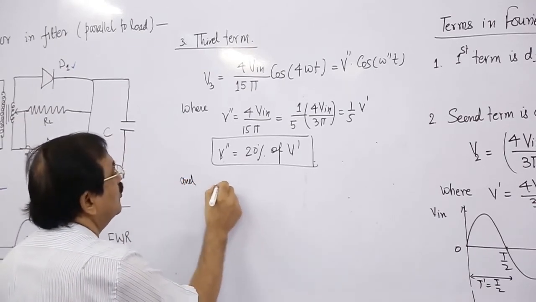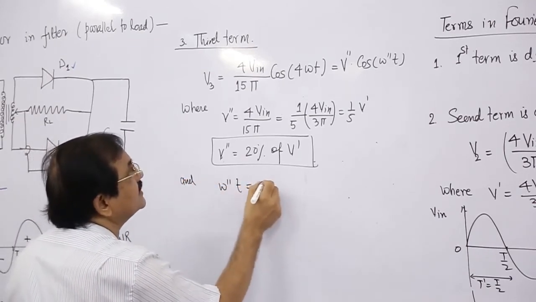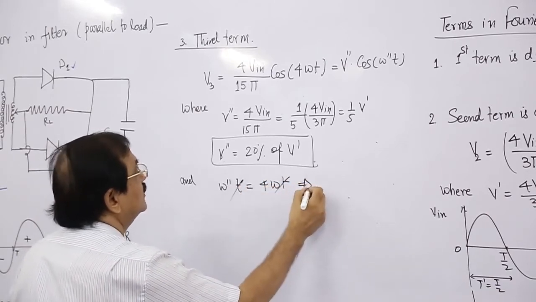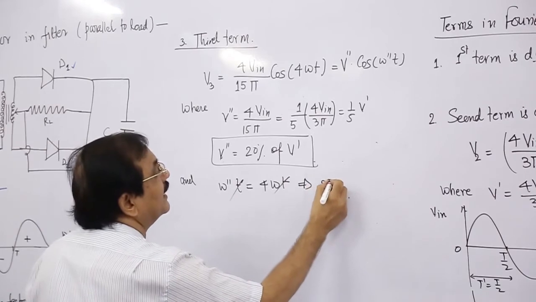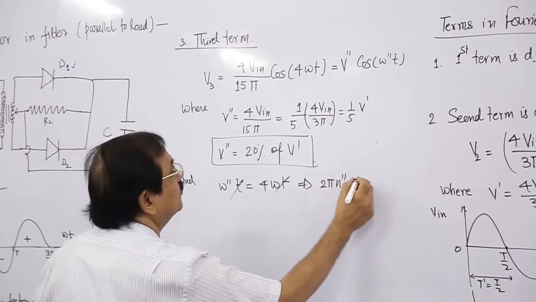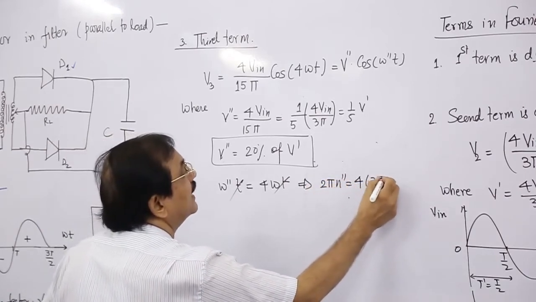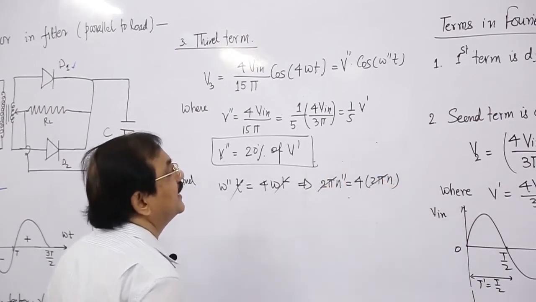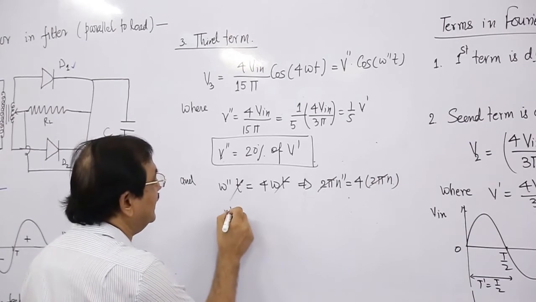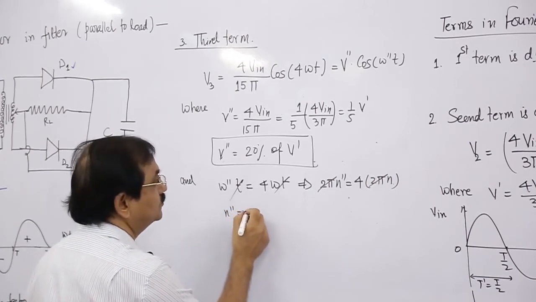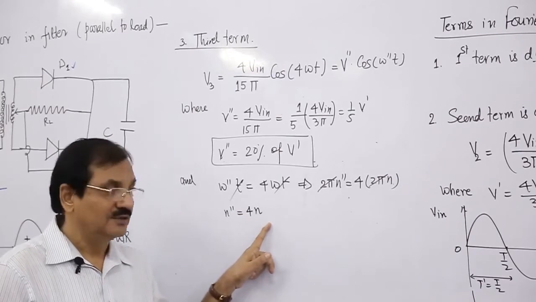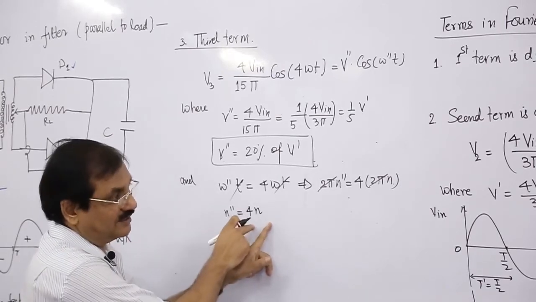And omega double dash t is equal to 4 omega t, this t cancels. So, this is 2 pi n double dash is equal to 4 times 2 pi n. So, what we find, n double dash is equal to 4 n. What is the meaning of this?